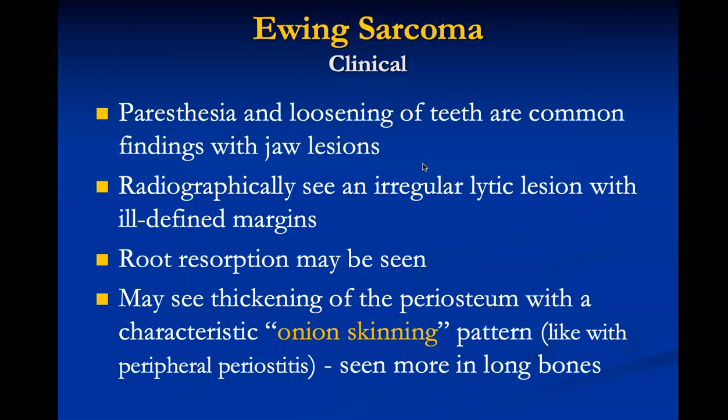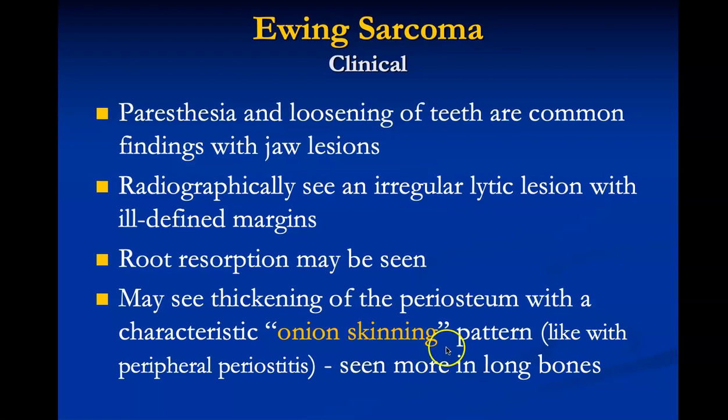Clinically, as with malignancies we've talked about many times, paresthesia is associated with these lesions. You can have loosening of the teeth. You often see this irregular lytic lesion with ill-defined margins. You can see root resorption, often spiky root resorption.